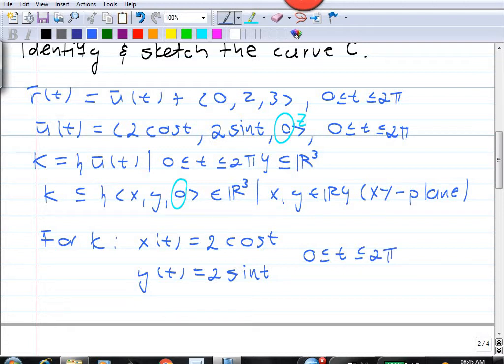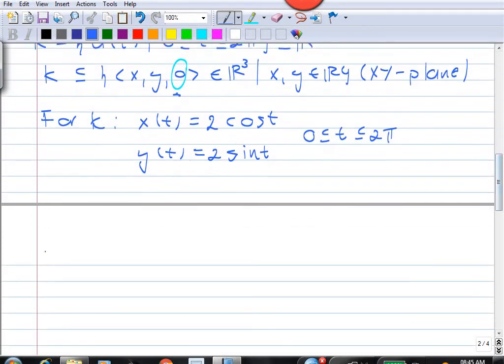So if we ignore the third component for the moment, we see that what we've got here is again a circle. And it's a circle with radius 2, because the coefficients there tell you the radius.